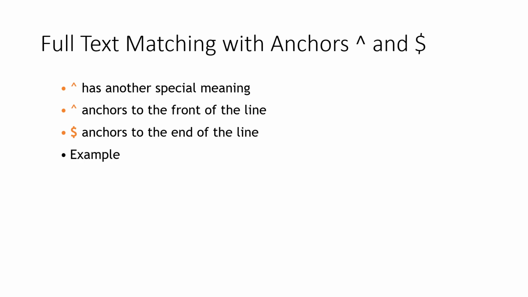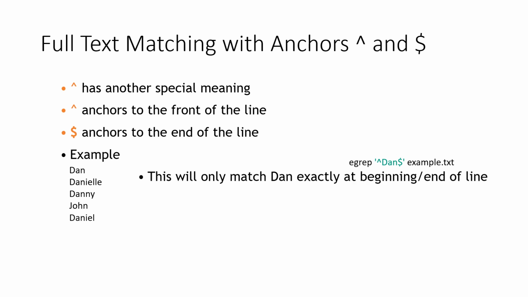Let's say I have this file that has the names on it: Dan, Danielle, Danny, John, and Daniel. And now what I'm going to do is say egrep and then caret Dan dollar example.txt. What's going to happen is it's going to print out only the name Dan.